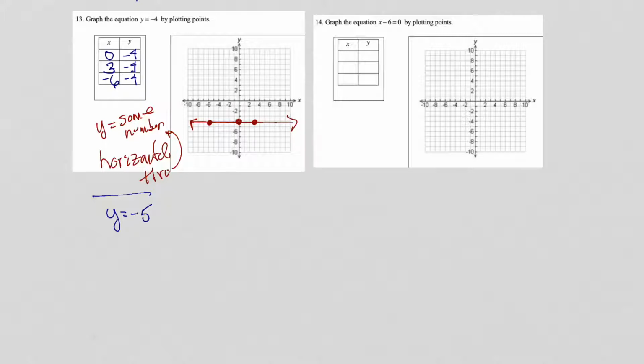I've got this form here, y equals some number. So I get a horizontal line passing through negative 5 on the y-axis. If I graph this, I'd go down, locate negative 5, and then draw a horizontal line passing through that negative 5.